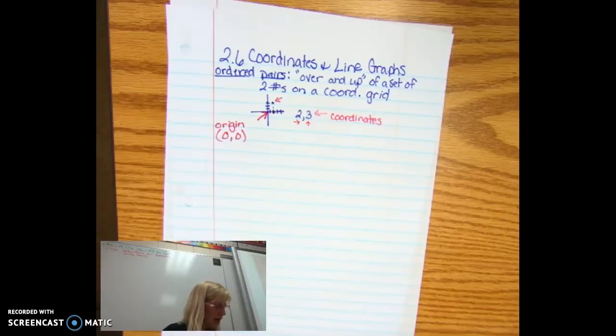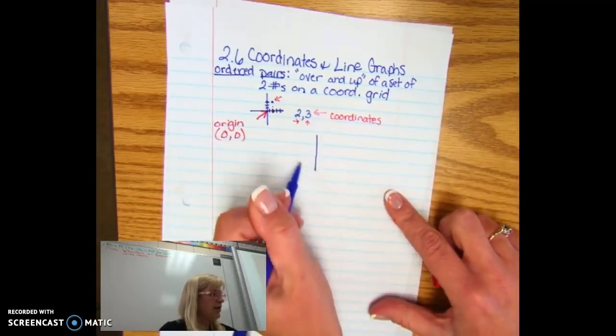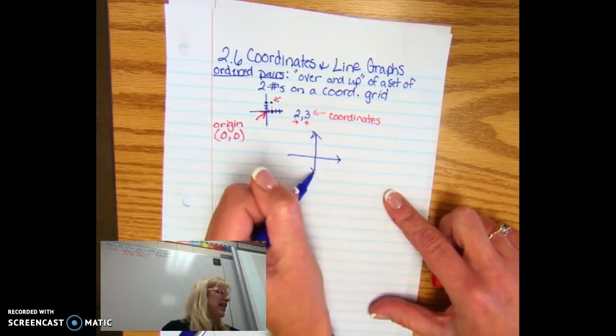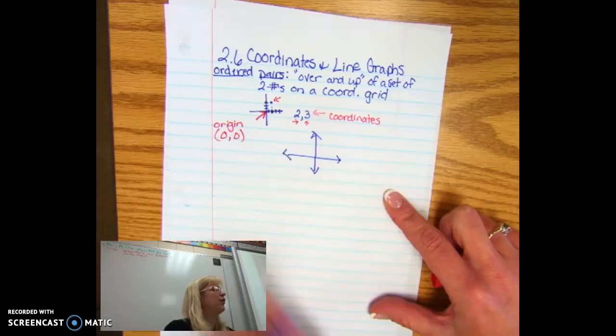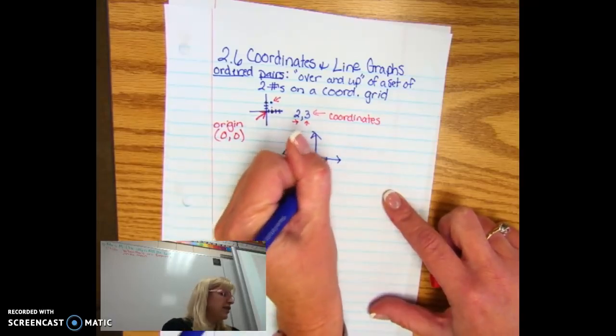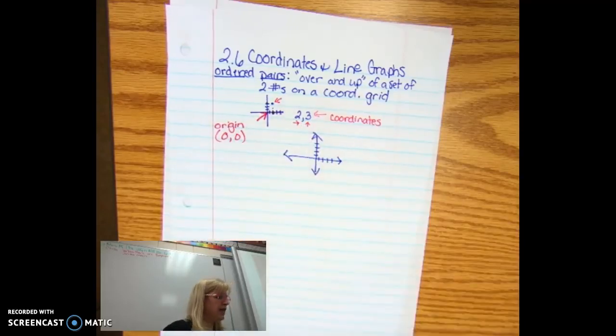The other thing that I want you to realize, I'm going to blow this up a little bit bigger. These are supposed to be lines that go up and down. And then, of course, there's those little marks so you can see the points and where to put them. I do have some graph paper if you need on the front card.